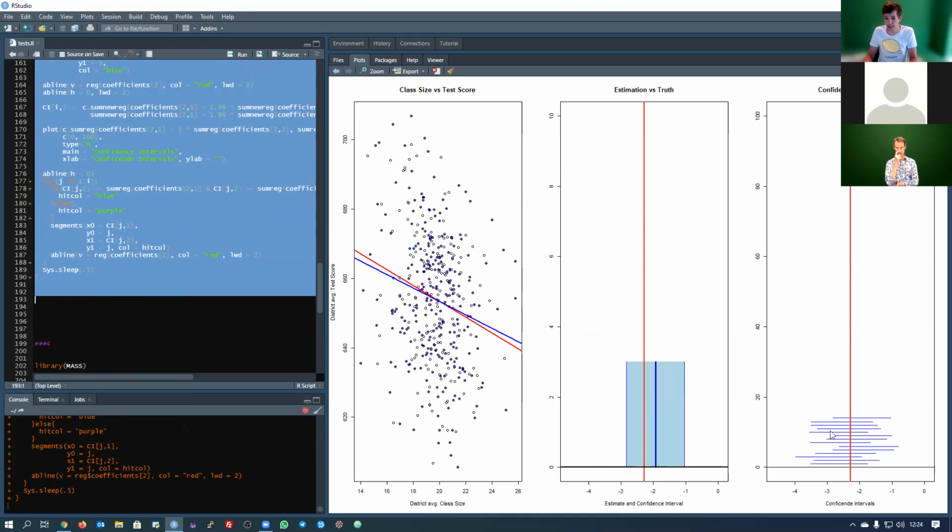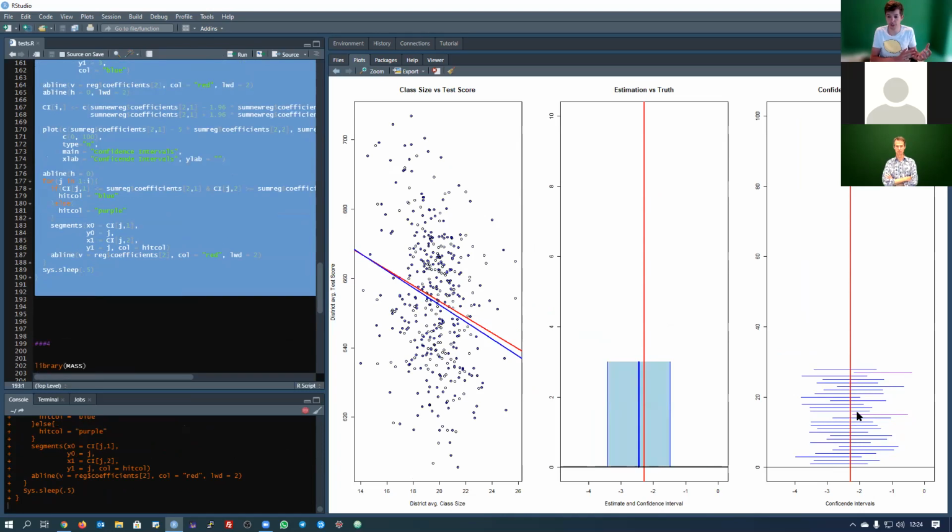On the right-hand side, I've plotted all the confidence intervals that we have seen so far. And as you can see here, here is the first confidence interval that does not cover the true value. So not all of these confidence intervals cover the true value, but if we do this very often, in this case, 95% of all the confidence intervals will cover the true value.